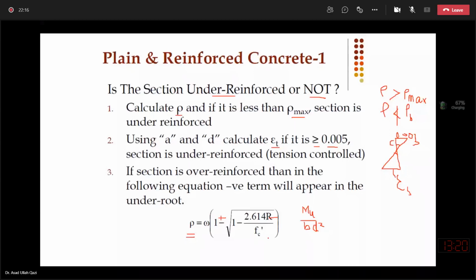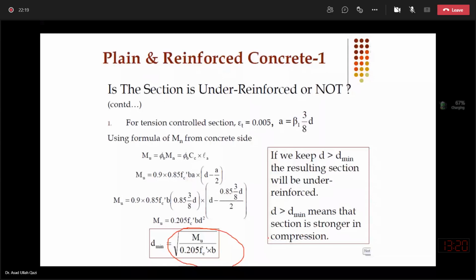In addition to that, when I want to design a cross section, I also need to fix the cross section dimensions. Design problem means that not only the area of steel will be calculated, but also the width and the depth of the cross section will be decided to proportion the cross section. So design means to fix the cross section and then to calculate the area of steel.